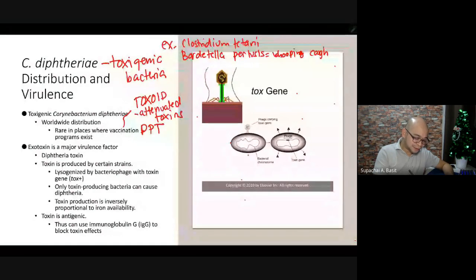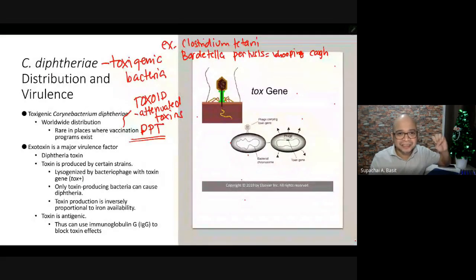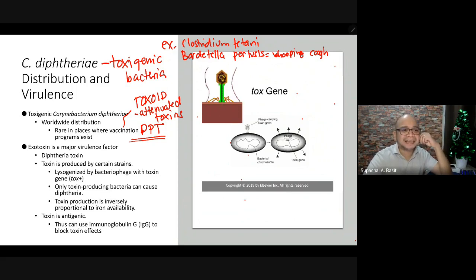If we immunize our babies with DPT, we are preventing them from getting diphtheria, pertussis, which is caused by Bordetella pertussis, and tetanus, caused by Clostridium tetani. Without DPT, the chances of getting diphtheria would be very high.